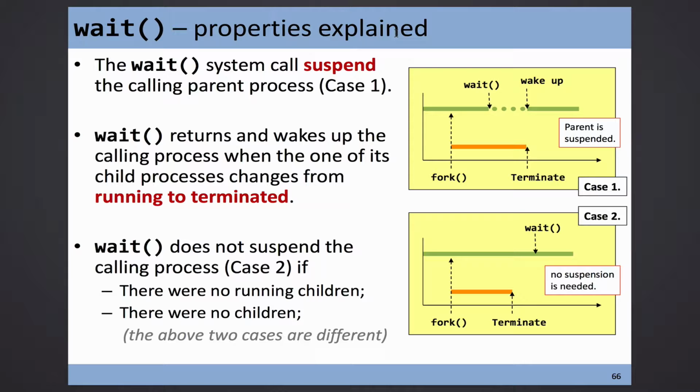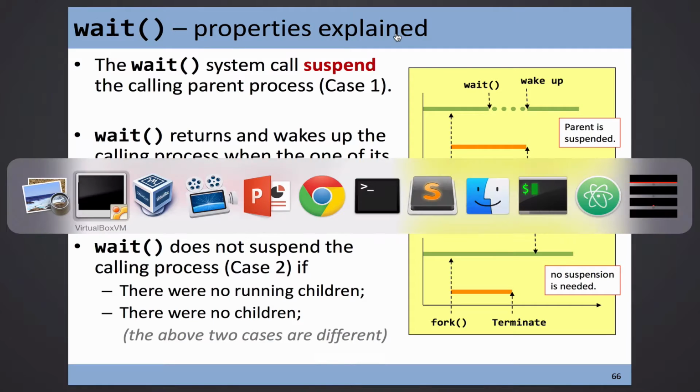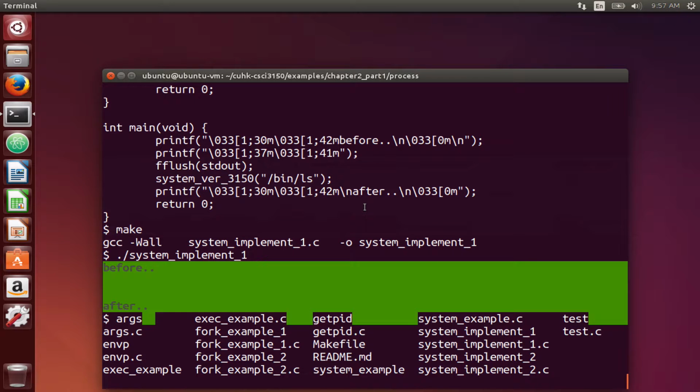I won't keep you inside the kernel, and you will immediately be returned to the caller and continue execution. So you won't see any blocking here, because at this moment you have nothing to stop you. The child already died. So this is wait system call case number 2. Let's take a look at it if I add back the wait system call.